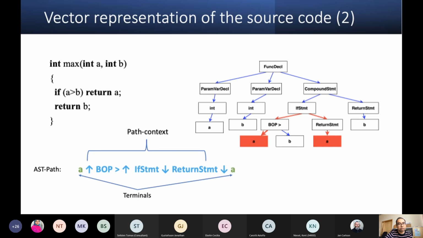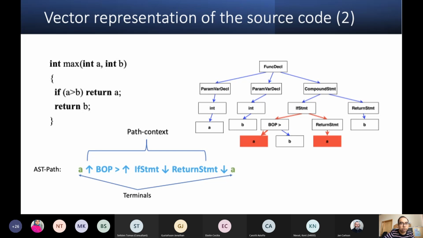These two param declarations represent the two input parameters of the max function, and then the compound statement represents the body of the max function. This compound statement also has an if statement and a return statement. This kind of abstract syntax tree can be generated by a parser.